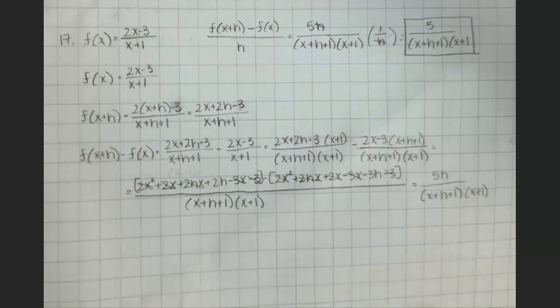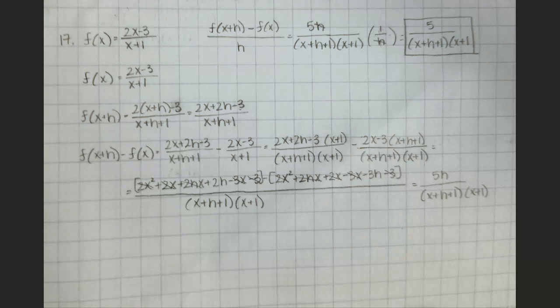Okay, so this is... Sorry, Professor, I don't know if you can see it. I think it's loading in. Oh, Julia, right? I see 17. Yes. Okay. So for question 17, they asked you to find the difference quotient for the function 2x minus 3 over x plus 1. So I started by separating each value of the difference quotient.